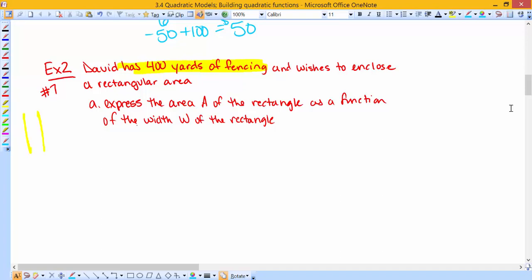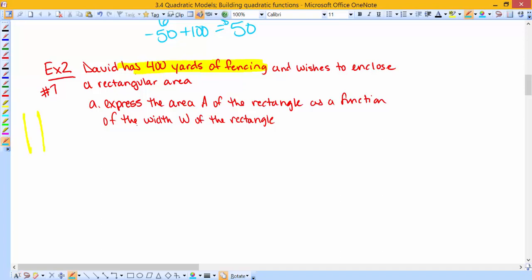Example 2 is about maximizing space, where the last example was maximizing our profits and the money that we're bringing in. Now we want to maximize the space that we might be working with. So David has 400 yards of fencing and wishes to enclose a rectangular area. And then it goes on to say we want to express the area as a function of the width.